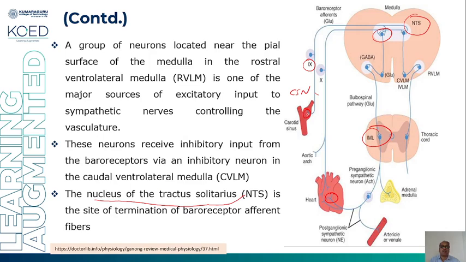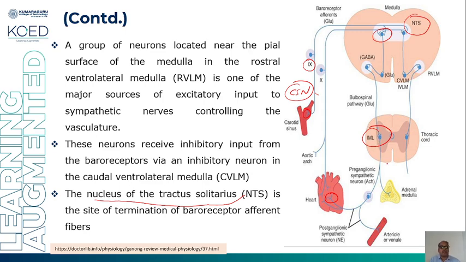The Hering nerve will measure the pressure. It will pass the information through the carotid sinus nerve, and then the information is passed to the glossopharyngeal nerve. It terminates in the NTS center. It is properly processed, and through appropriate neurotransmitters, it emerges into the thoracolumbar portion.